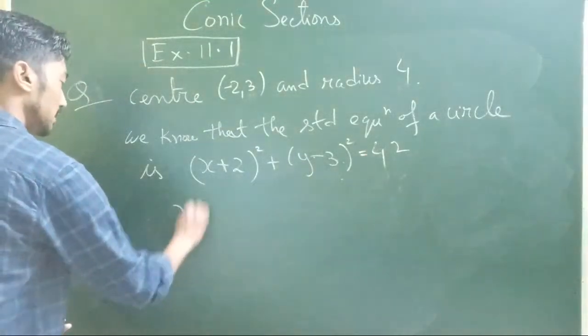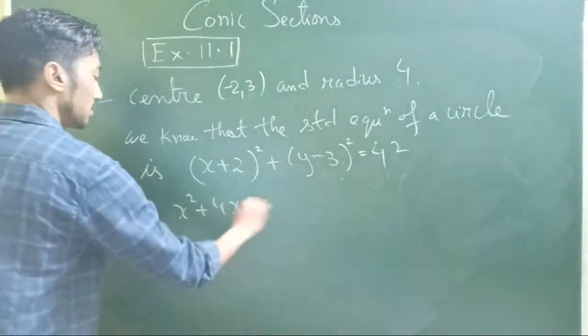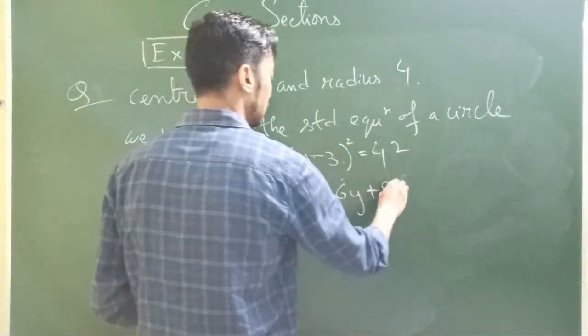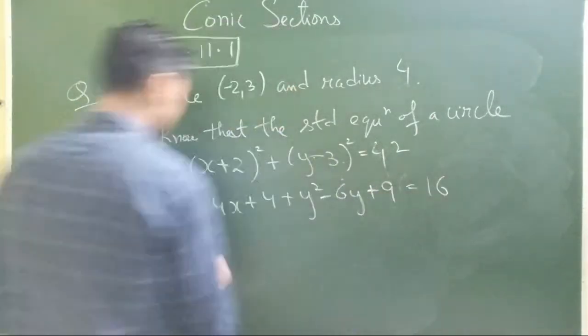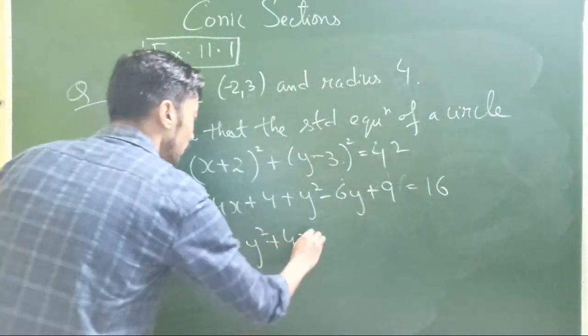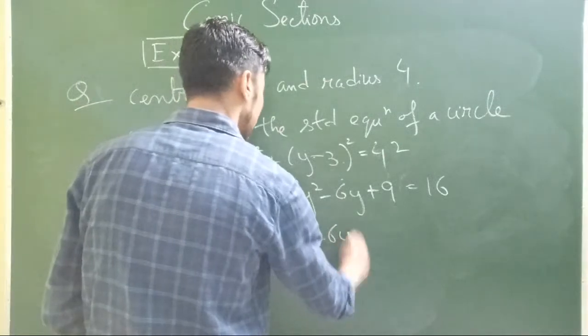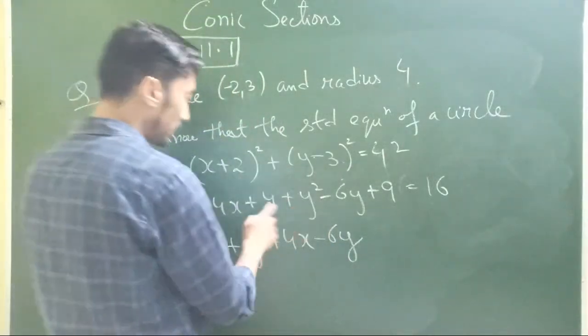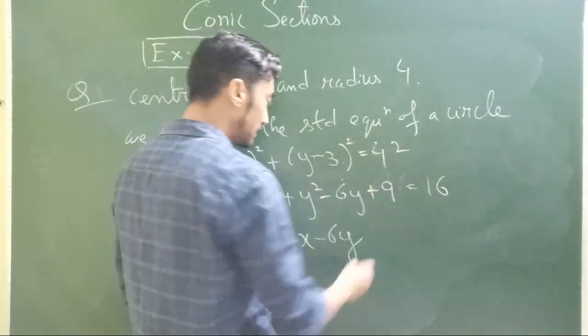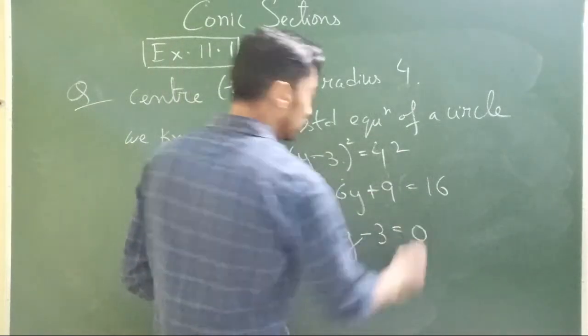So that's going to be x squared plus 4x plus 4 plus y square minus 6y plus 9 is equal to 16. Simplifying, x square plus y square plus 4x minus 6y, then 4 plus 9 is 13, and 16 comes here, so 13 minus 16 is minus 3.